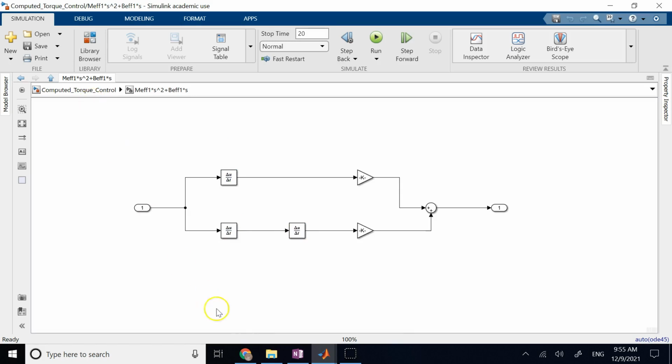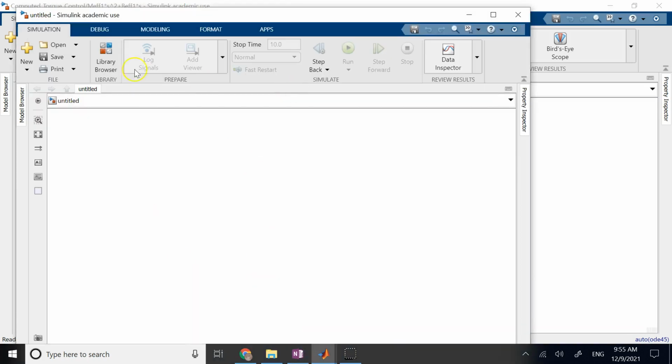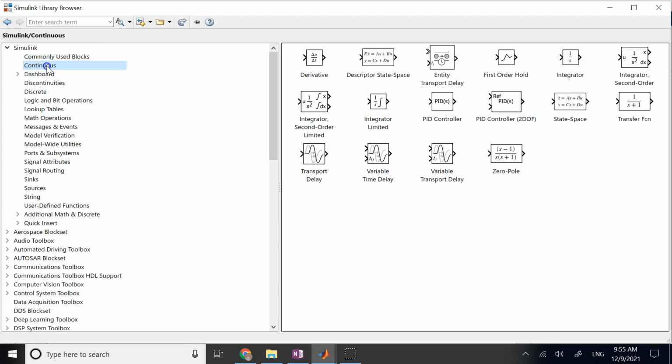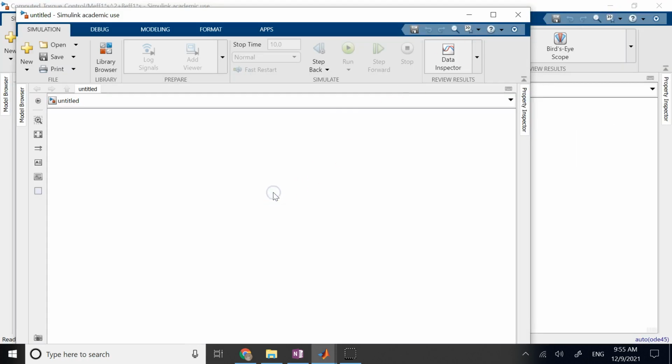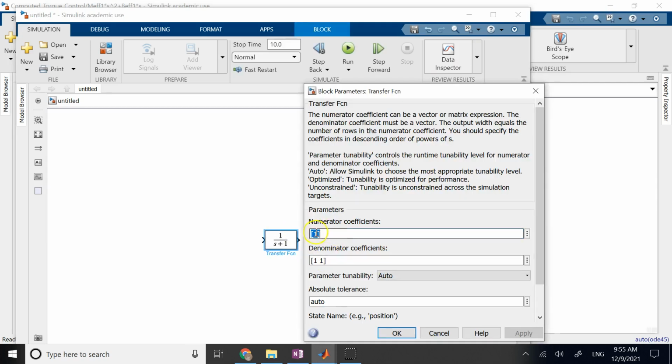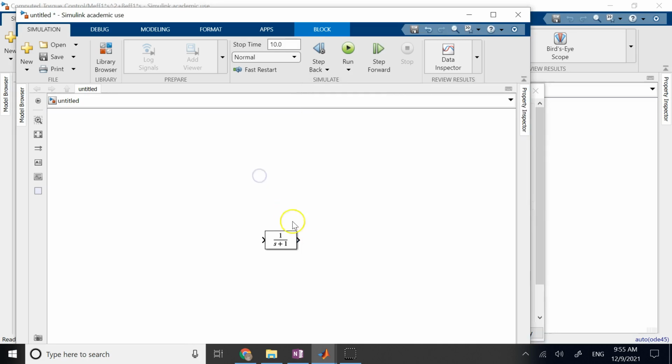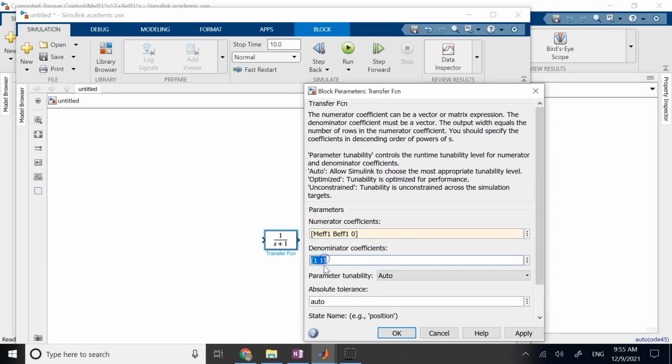By no means here, you can go ahead and say, hey, I want to go to continuous system and I want to use a transfer function. And when you do so, then come here and in the numerator, type in, let's say, M effective, B effective, and 0, so it's M S squared plus B S plus 0, and then the denominator is just 1.